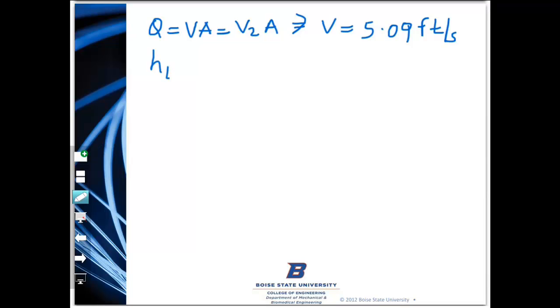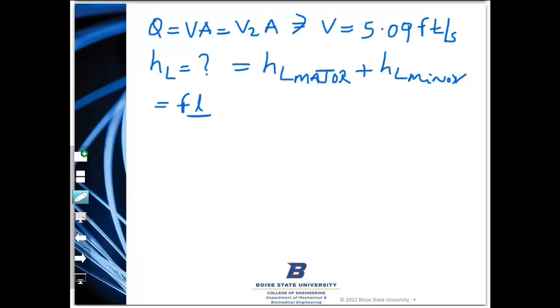So now the question is, what is HL? We know that HL is due to the major losses plus the contribution of the minor losses due to the different types of fittings. The major losses are f times L over D, V square over 2G, plus sigma KL V square over 2G, and this sigma KL is based on all your fittings, so we'll just add them up and multiply with V square and divide by 2G.